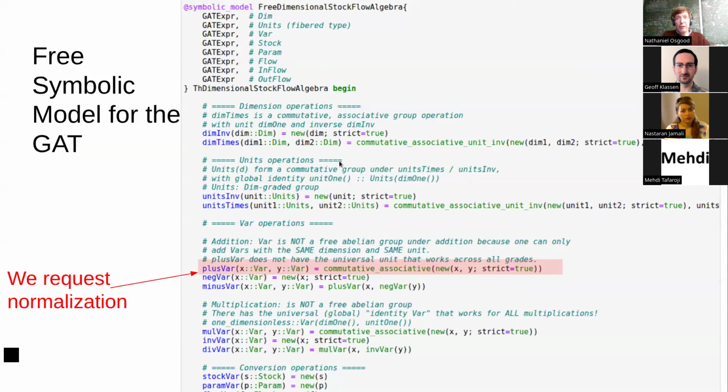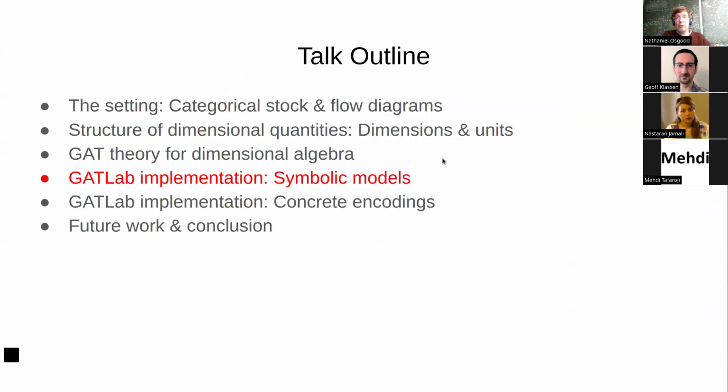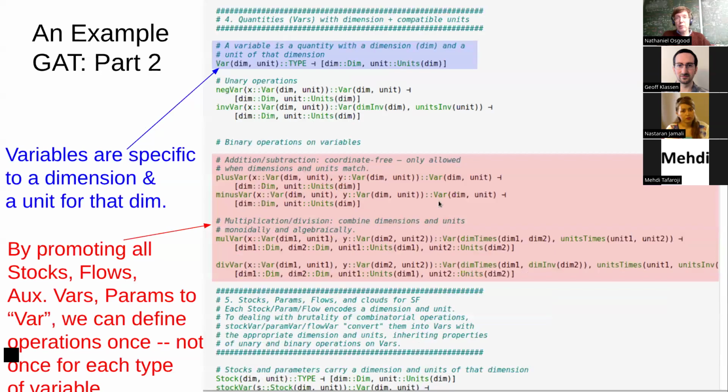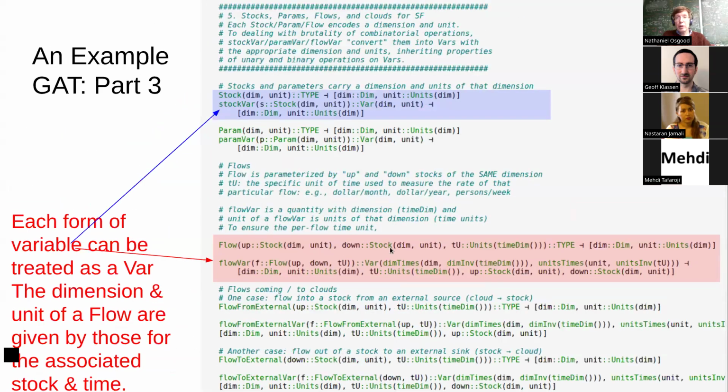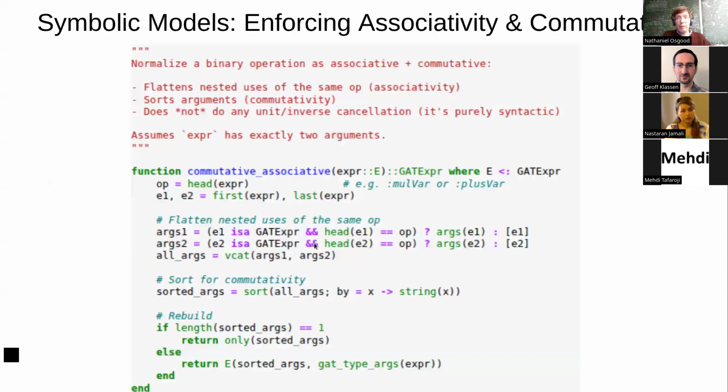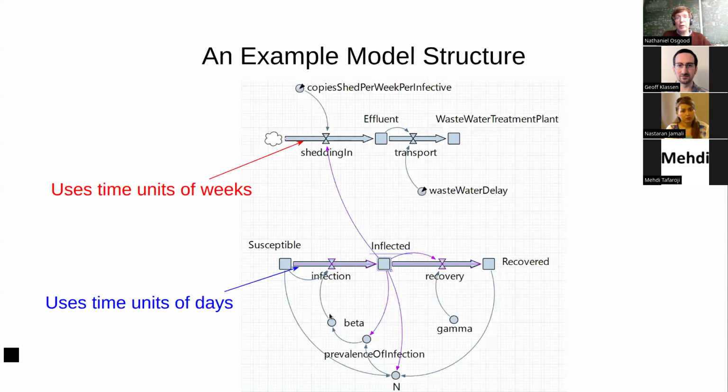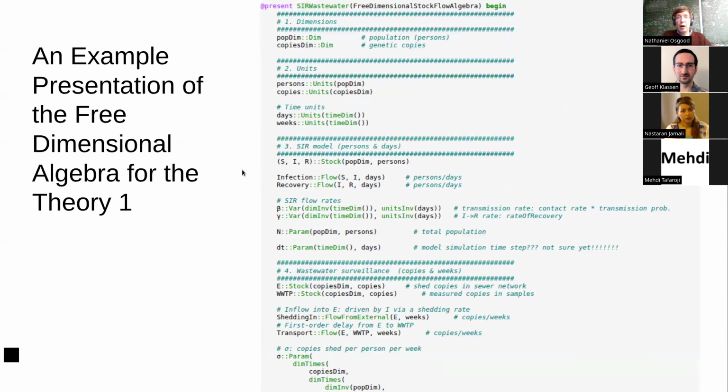We're going to need that for our flows. Our flows are going to have a certain time unit that we want to use. Here will be weeks, here will be days, right?